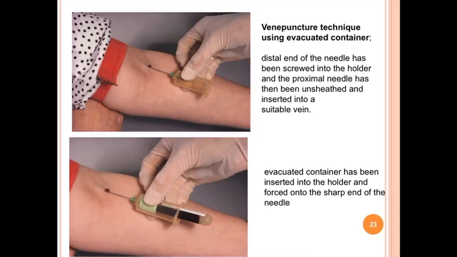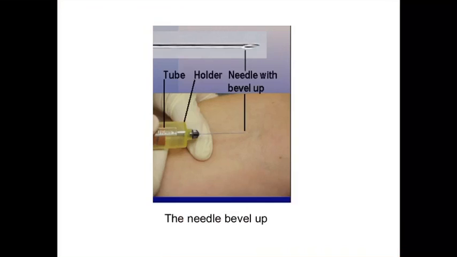Then the evacuated container is inserted into the holder, forced onto the sharp end of the needle. The blood is collected automatically by the vacuum. This is the same method: holder, tube and the needle with a bevel tip.